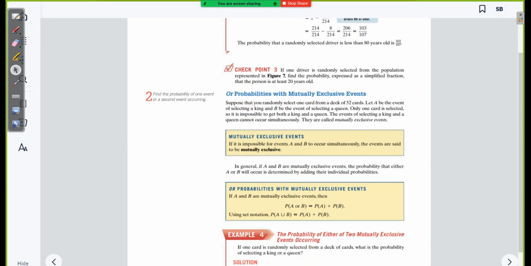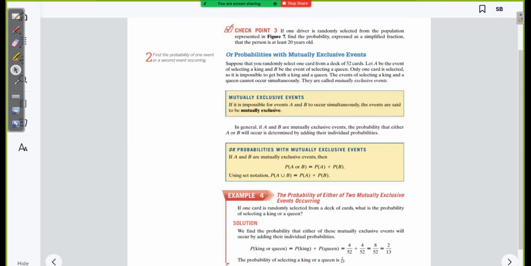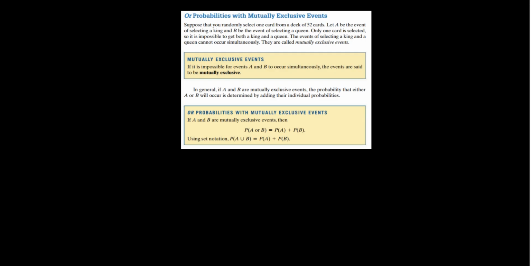All right, so the next concept we have is mutual exclusivity. Now, we've kind of talked about this concept before in different terms, but if it isn't possible for events A and B to occur simultaneously, the events are said to be mutually exclusive.